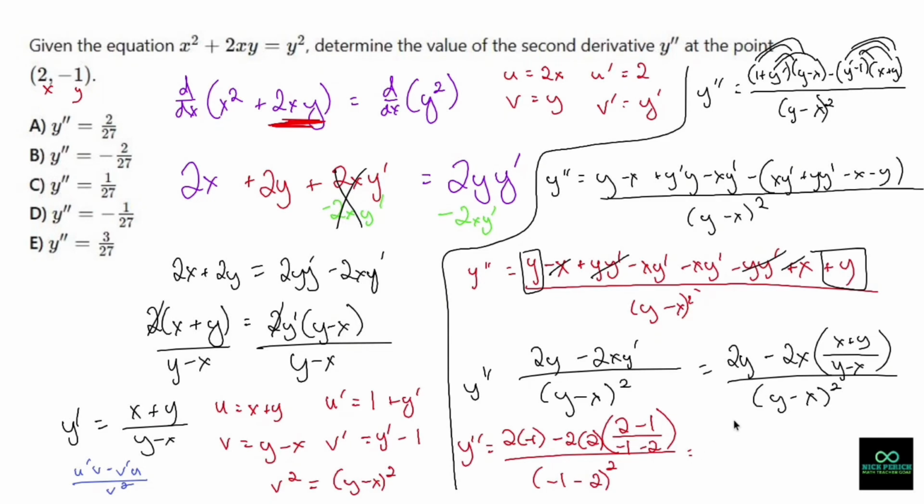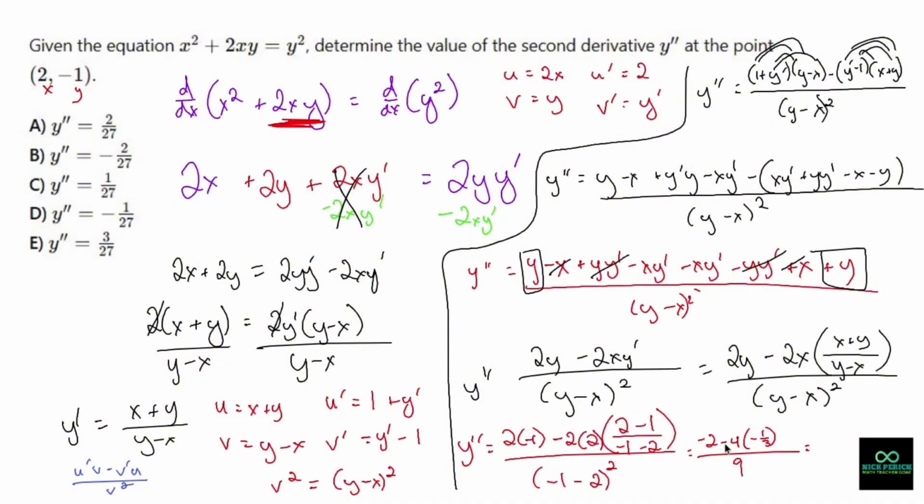Oh boy, I'm scared. Negative 2 minus 4 times 1 over negative 3, so negative 1/3. And that's going to be over negative 1 minus 2, all of which is squared, so negative 3 squared, so 9.